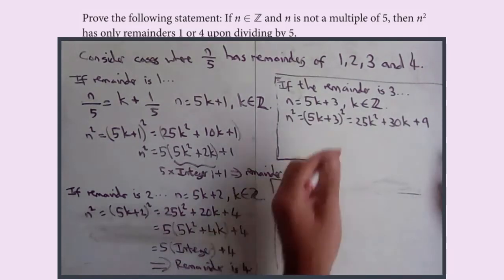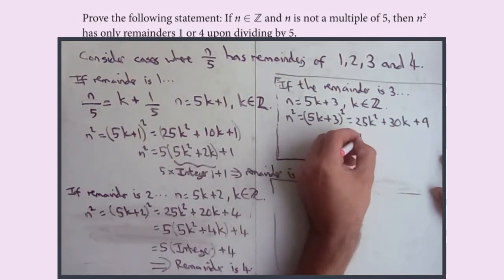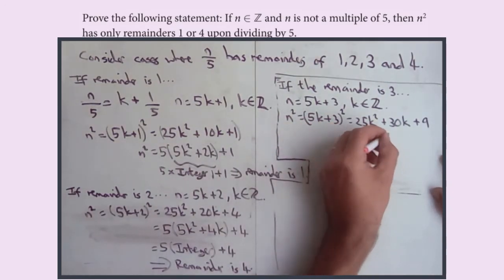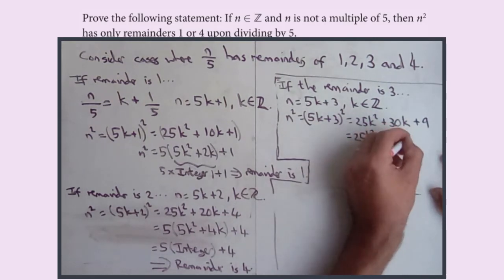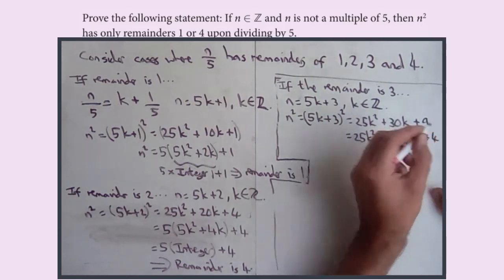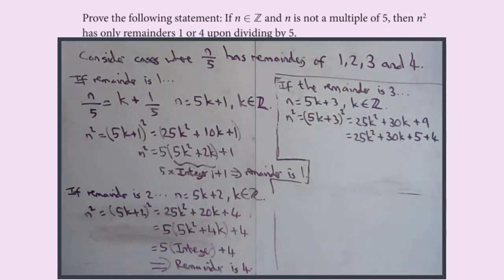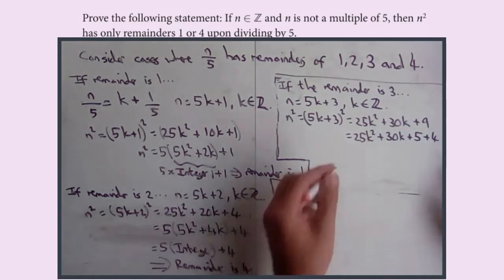But another way you can show it is if I just take an extra line: equals 25k squared plus 30k plus, if I just split this 9 into a 5 and a 4, then we can take a 5 out of this term and we'll still be able to show it's 5 times an integer plus 4.